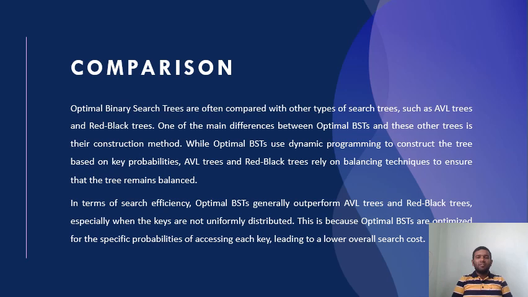In terms of search efficiency, optimal BSTs generally outperform AVL trees and red-black trees, especially when the keys are not uniformly distributed. This is because optimal BSTs are optimized for the specific probabilities of accessing each key, leading to a lower overall search cost. This is how we can compare optimal binary search trees with the other kinds of search trees which are possible.